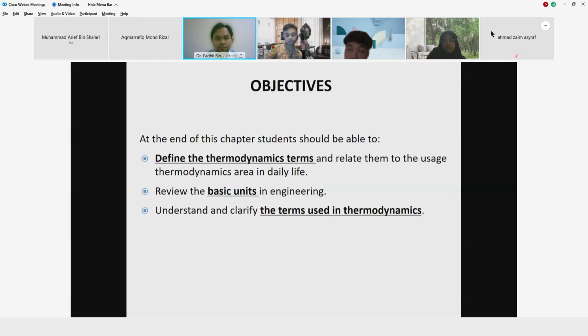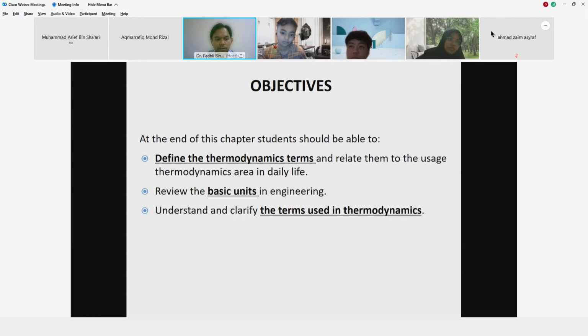Okay. The objective for this chapter, at the end of this chapter, I hope all of you are able to first define the thermodynamics terms and relate them to the usage of thermodynamics in your daily life. Number 2, review the basic units in engineering.